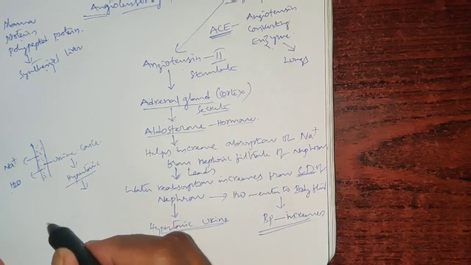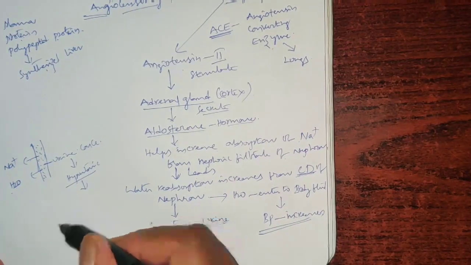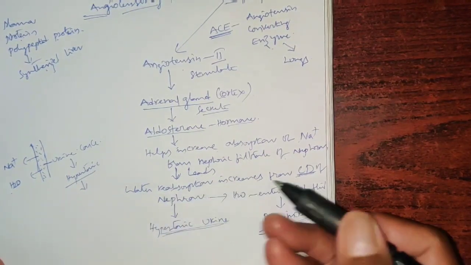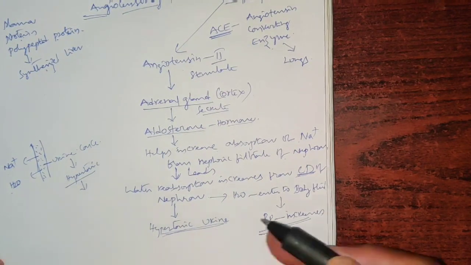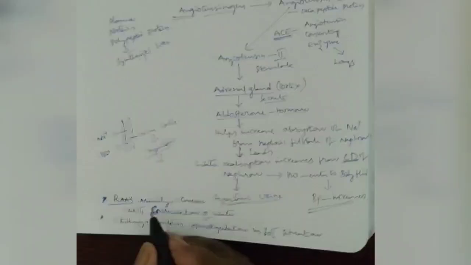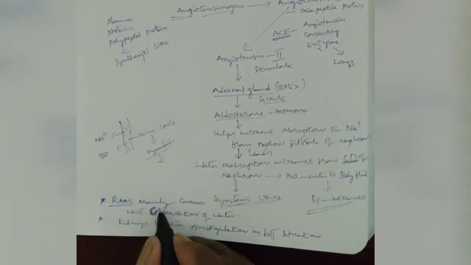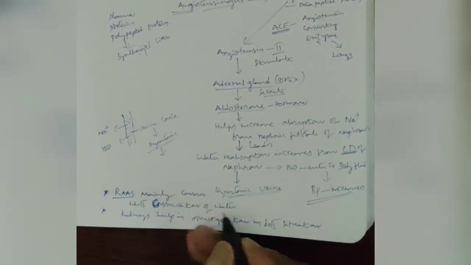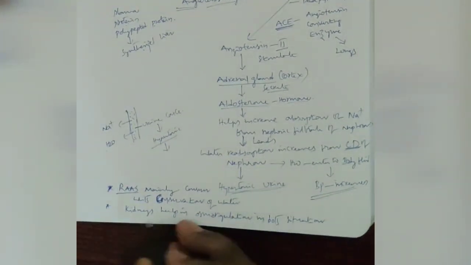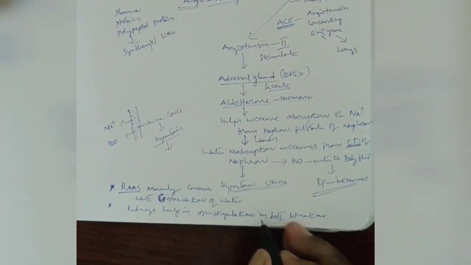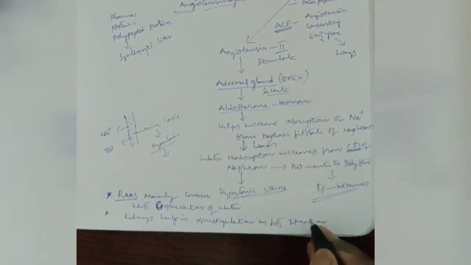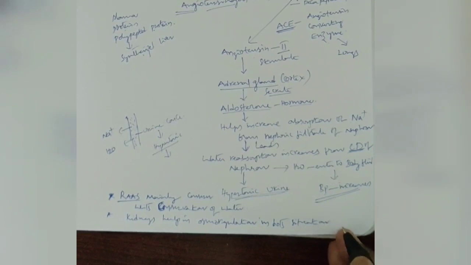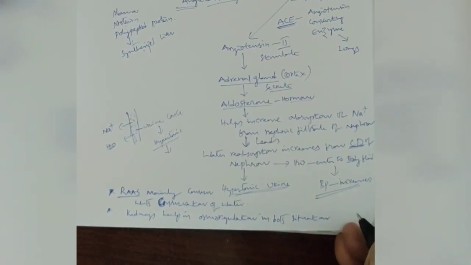If you drink more water, the urine becomes hypotonic. If you drink less water, the urine becomes hypertonic. RAAS is mainly concerned with conservation of water. So the kidneys help in osmoregulation in both situations. Situation 1 is less water intake. Situation 2 is more water intake.